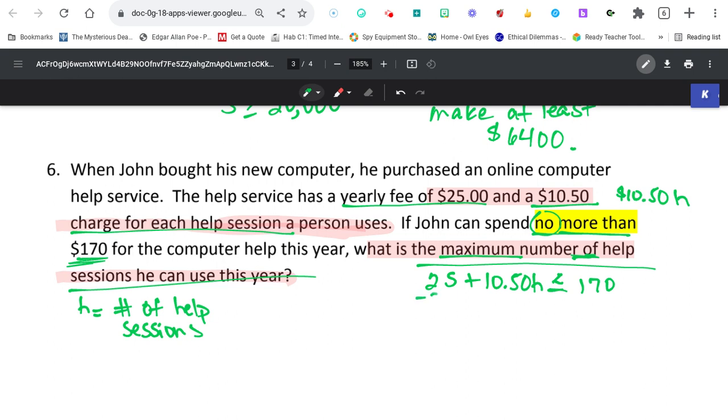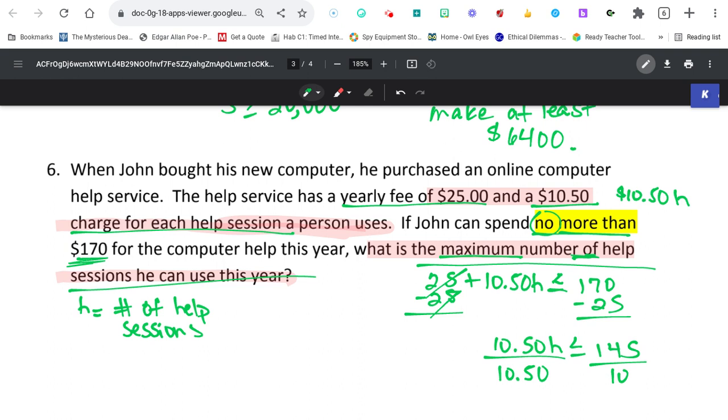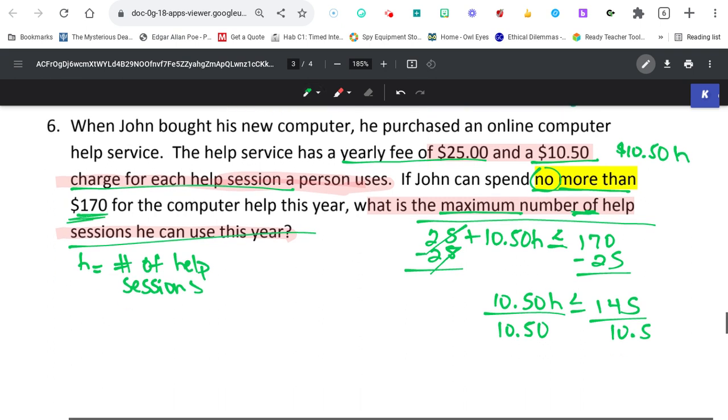So all I'm going to do now is solve for H. I'm going to subtract 25 from both sides, and we end up with 145. And then since it's multiplication, I'm going to divide both sides by 10.50, or 10.5. And I'm going to let you use calculators on this. Hold on, guys, let me get mine.